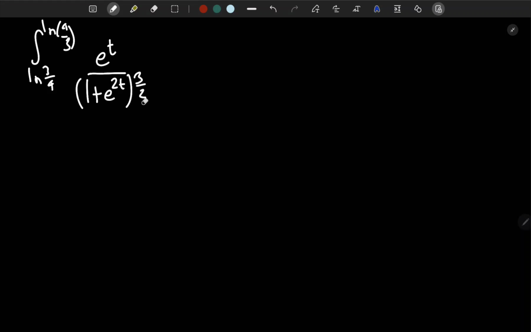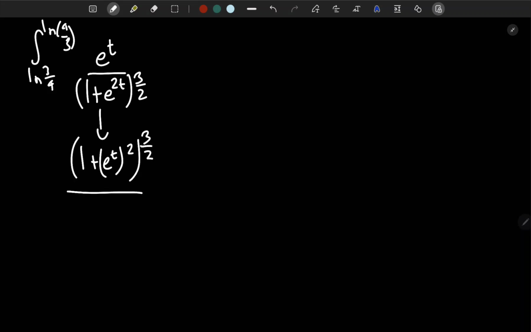So the first thing that we notice is that this is not ready to use trig substitution. We somehow need to modify this or use u substitution first to make it in the format of that radical something over something. So let me rewrite the denominator as 1 plus e to the power of t, squared, and this entire thing to the power of 3 over 2.